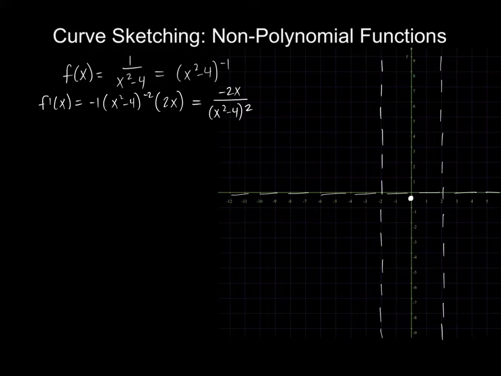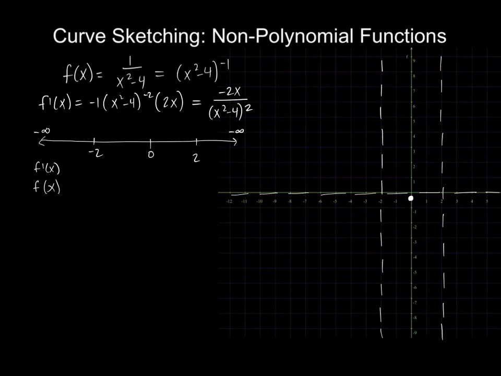But I have a possible critical point at 0, and I also need to add plus and minus 2 to my test values, my checkpoints, because even if it's not a critical point, it still could represent a change from increasing to decreasing. So on my number line, which has negative infinity on either side, I want to check negative 2, 0, and positive 2 in the first derivative, and that's going to tell me things about the function.